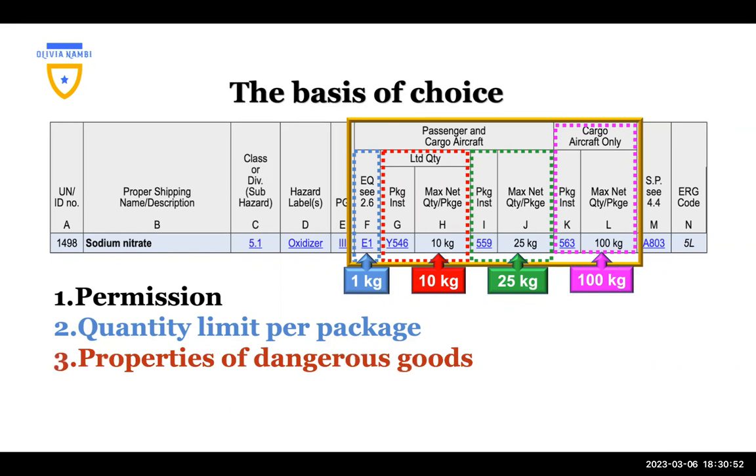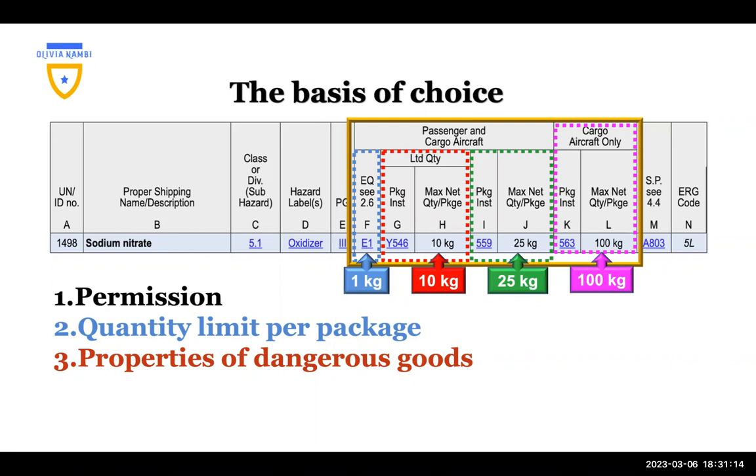Then number 3 is properties of dangerous goods. Now within classification, we have characteristics given to us for each class within the definitions. And then we also have properties given to us within the respective class names or classes.